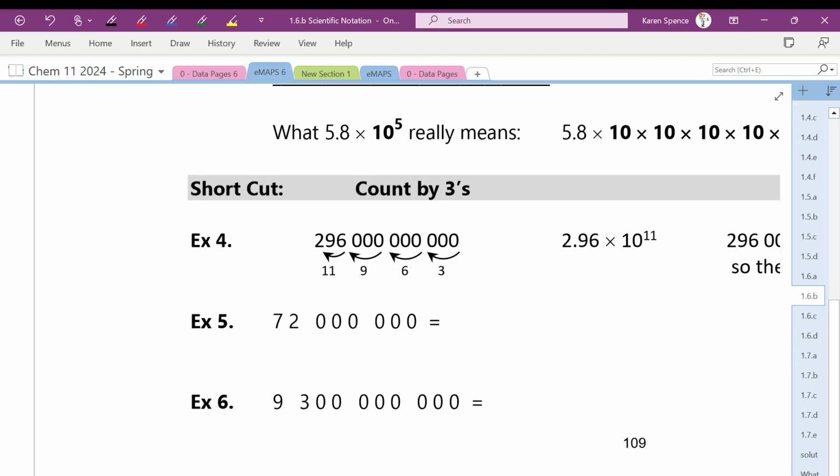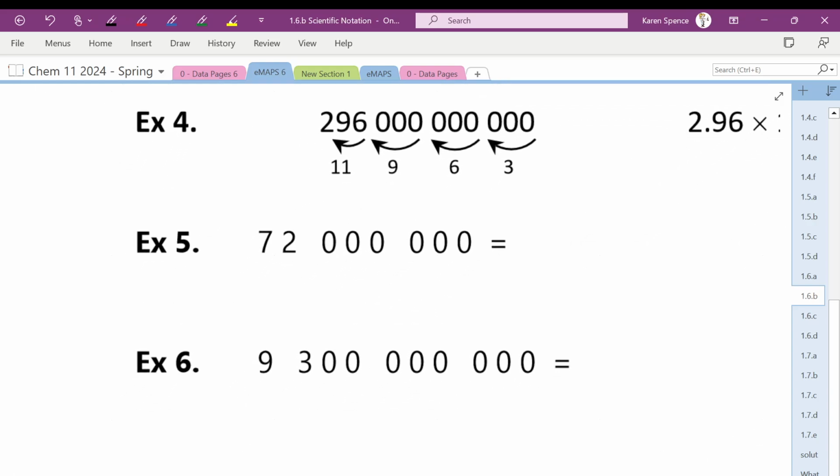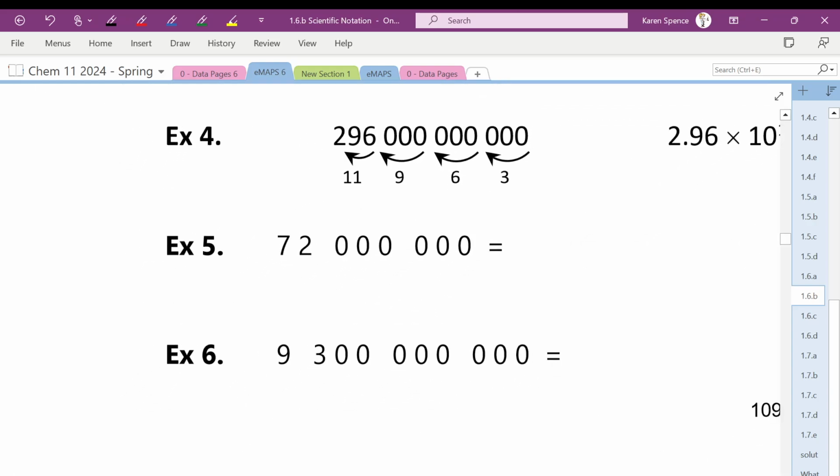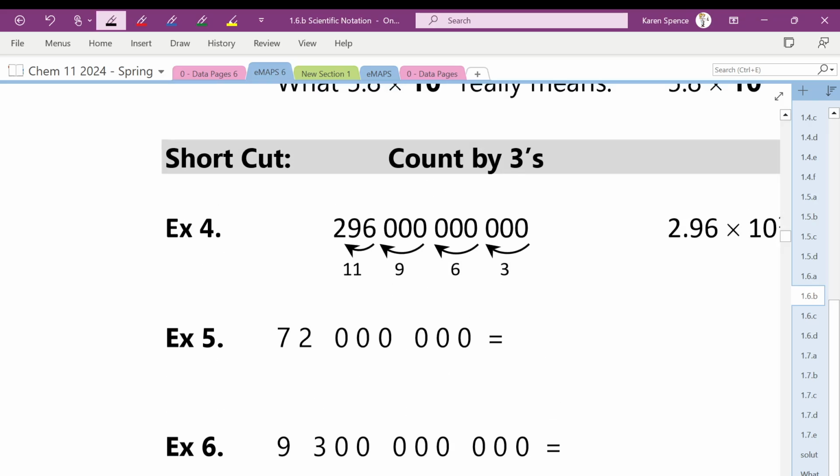Now, here's how to shortcut if you have a really big number. Like if I have 296,000,000,000,000, I don't necessarily want to be going 1, 2, 3, 4, 5, 6. That's exhausting, and it gets messy and hard to count. So my suggestion would be to count by 3s.